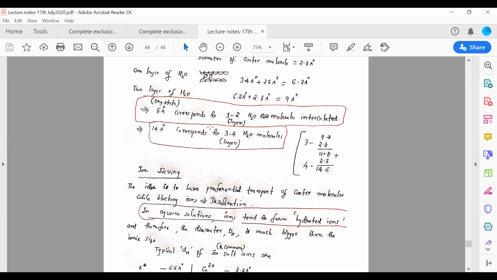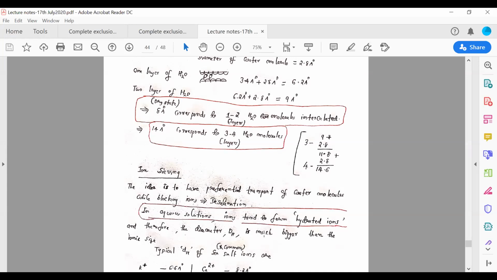I said this is in the wet state. Obviously, you have to immerse graphene oxide in water if you want to have this kind of experiment. So your interlayer space is 14 angstroms. Is it useful for desalination?